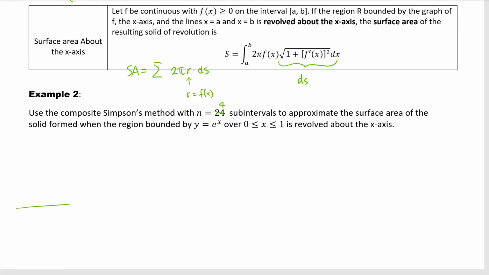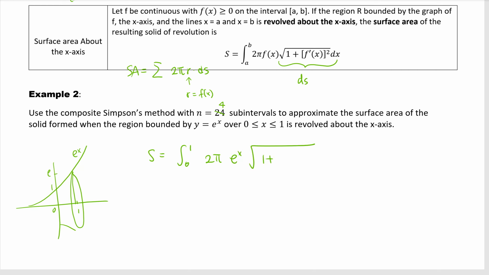So e to the x looks like this. At 0 it is 1, and at 1 it is e, right? And when we rotate, we get a surface. So the surface area is the integral from 0 to 1 of 2 pi f, where f is e to the x.